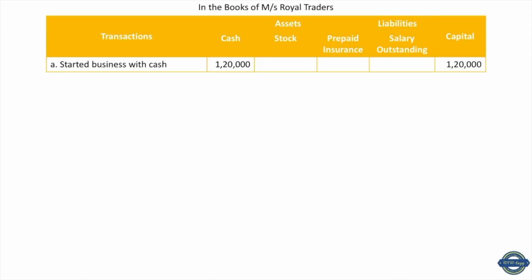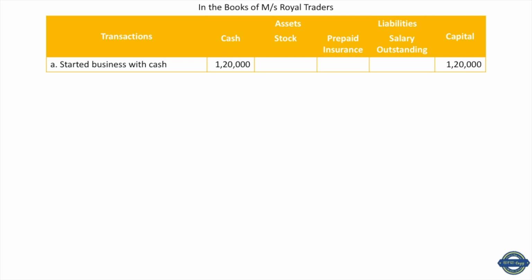Please pause this question so that you can write it down and solve it along with me. So first, let's focus on the format. I have already told you how the format should look like in the previous video. Let's discuss this again. Firstly, we will start with writing in the books of anyone whose books we are representing.